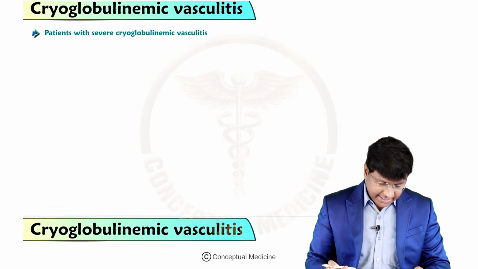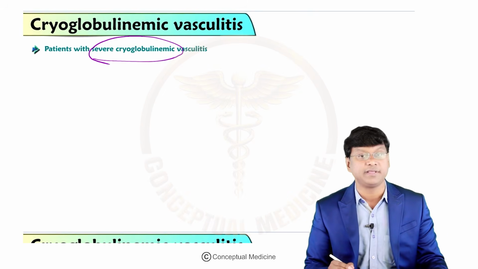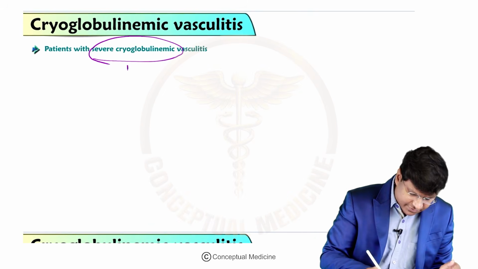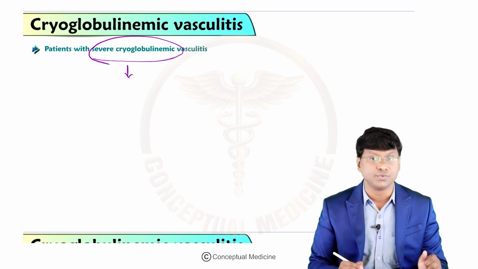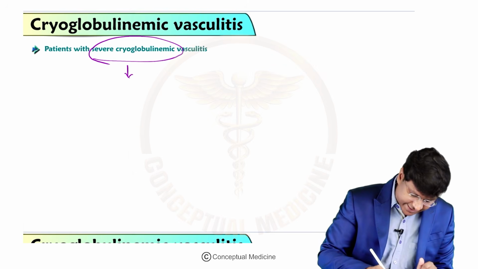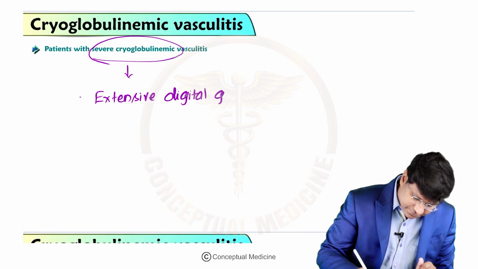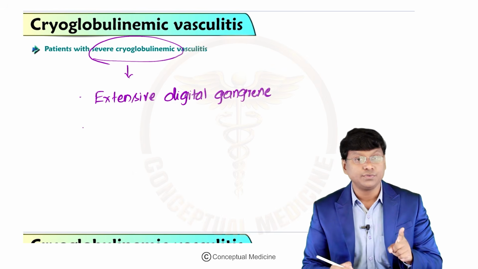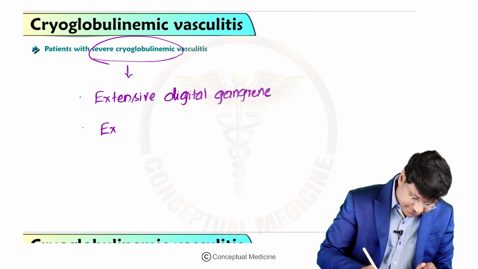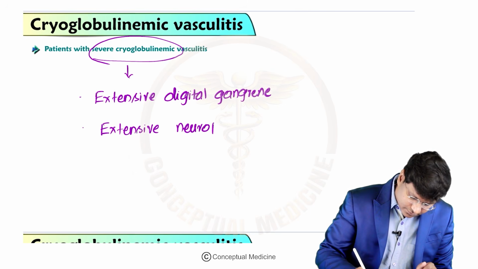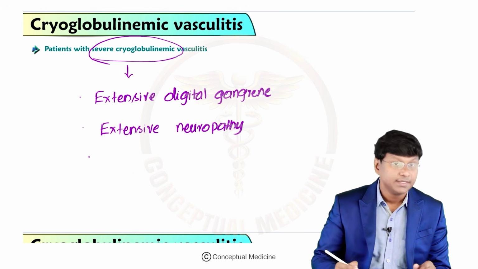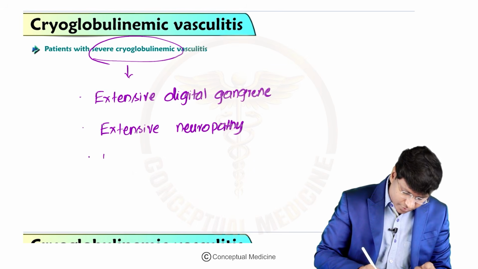Now, in patients with severe cryoglobulinemic vasculitis, what do you understand by the word severe? That includes the presence of, number 1, extensive digital gangrene; number 2, extensive neuropathy; number 3, rapidly progressive glomerulonephritis.